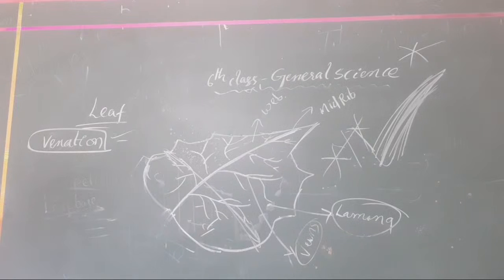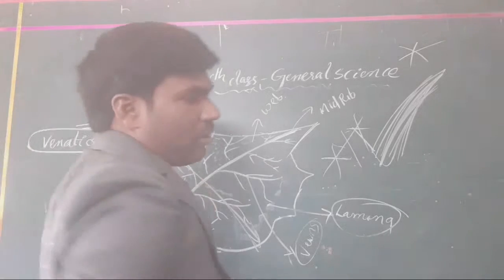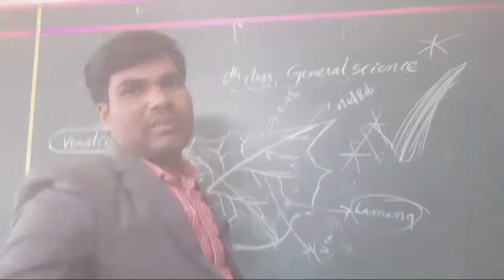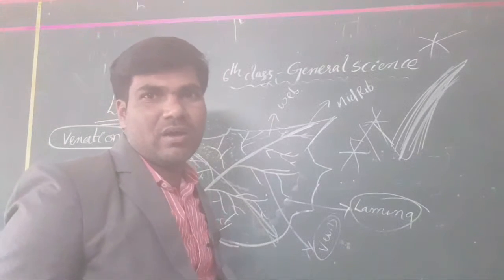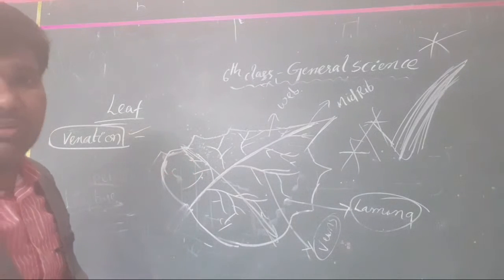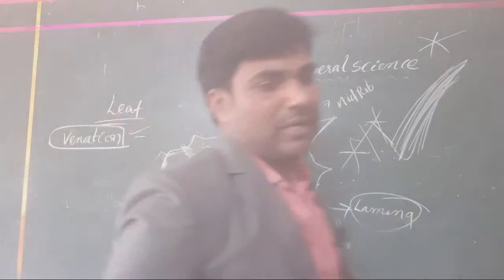After completion of your activity, the lines that you get on your paper like this are called veins. And the arrangement of the veins in the lamina, either in the form of a web or in the form of parallel lines, is called venation. Venation is very important.